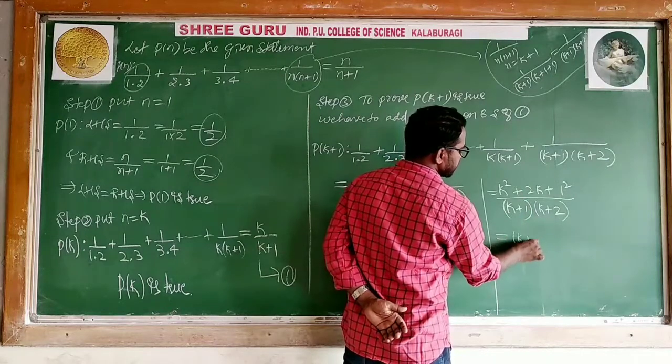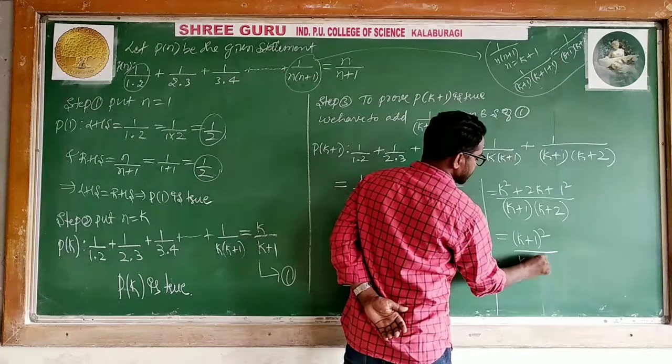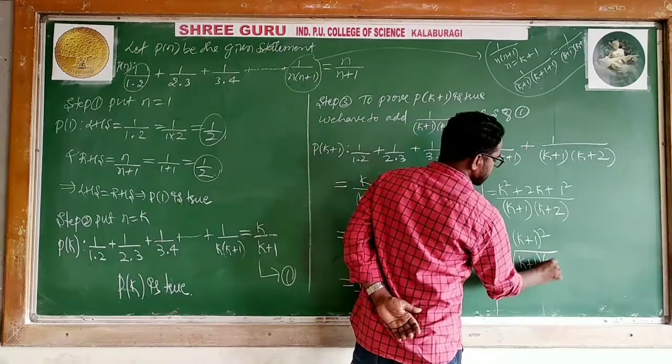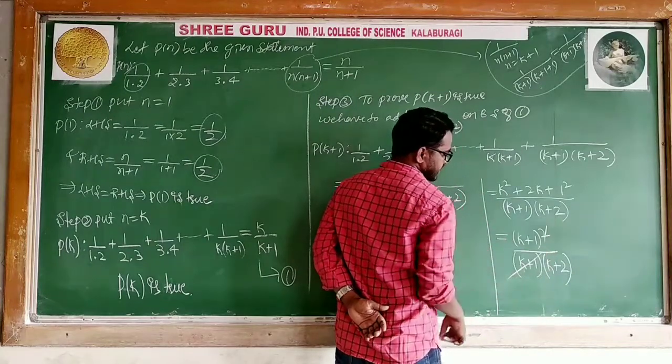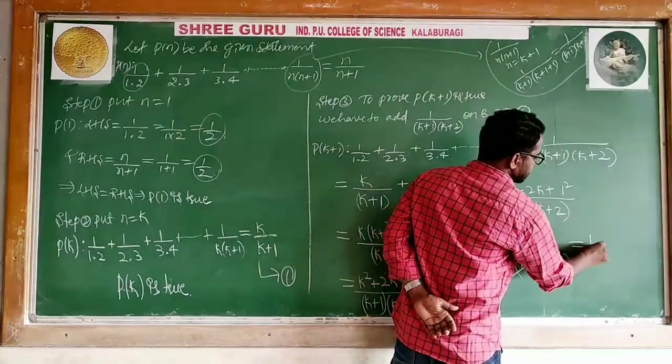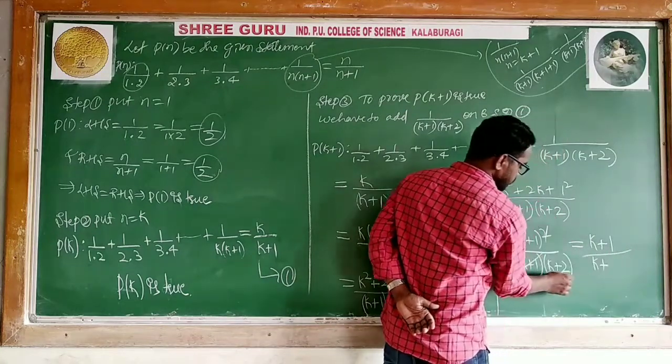So k plus 1 whole square divided by k plus 1, k plus 2. What cancels? One k plus 1 gets cancelled. Remains k plus 1 divided by k plus 2.